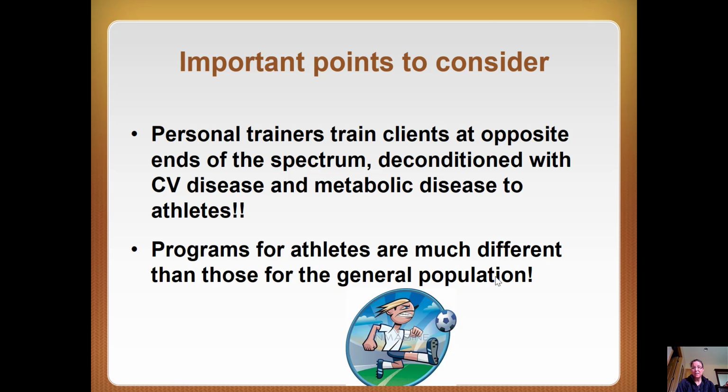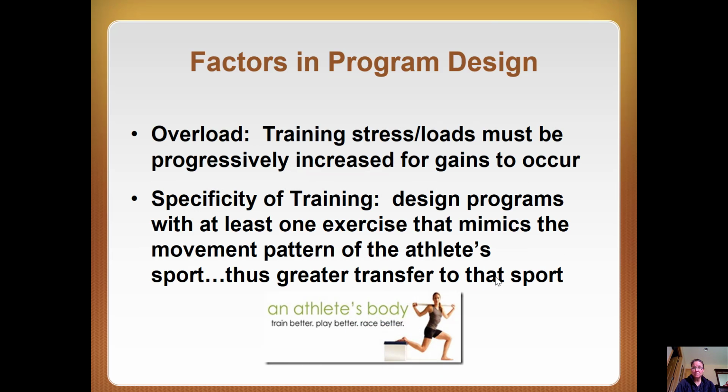So it's both ends of the spectrum. So we have a chance to train not only those special populations that you've been covering these past few chapters, but also those elite athletes and those people who are severely deconditioned. But we have to note that programs for our athletes are definitely a lot different than those that we put together for the general population.